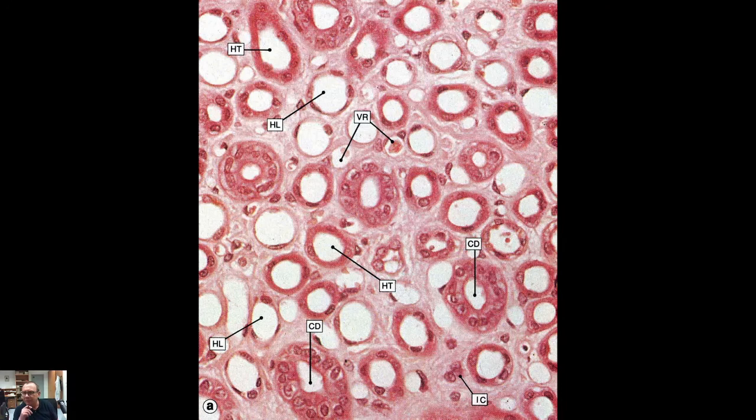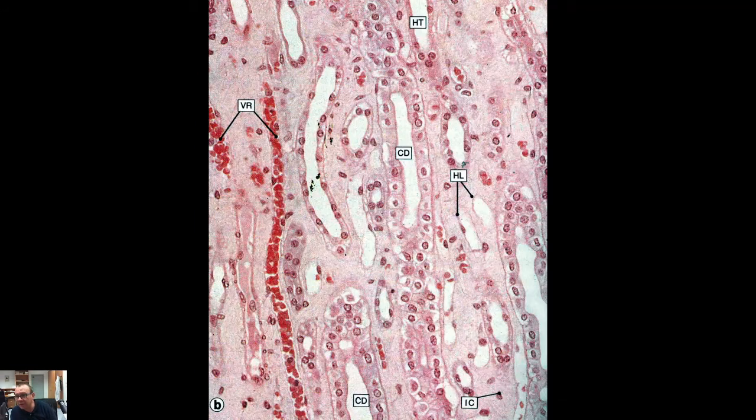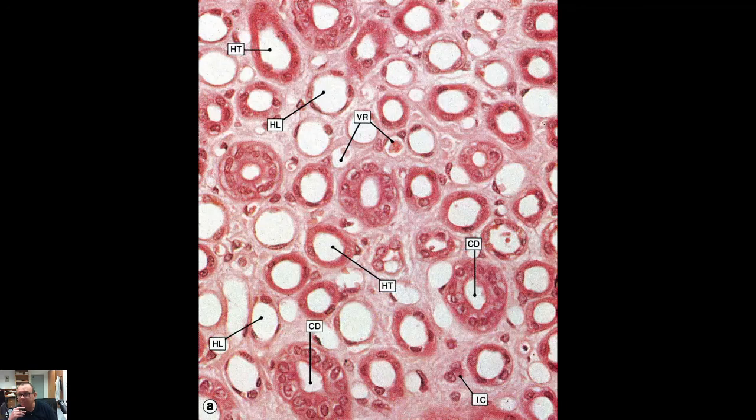Here in the medulla, tubules usually go parallel. And so we can see, for example, here only cross sections, or here only or almost only longitudinal sections of all tubules.